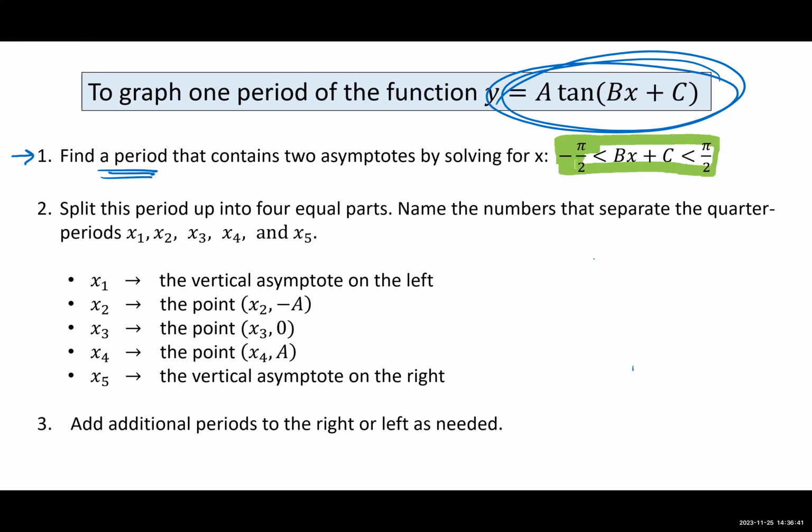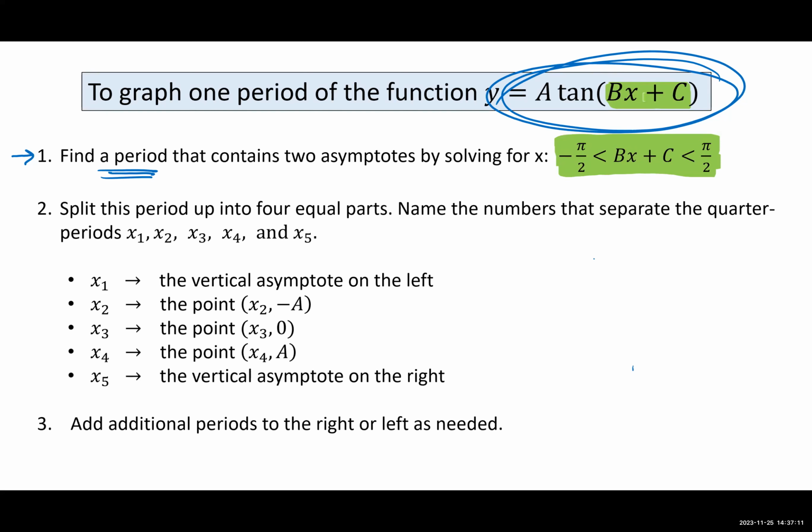The argument of this tangent function, bx plus c, well, the simplest version, we graph that one period from negative pi over 2 to pi over 2. So there's going to be a potential change in the period.